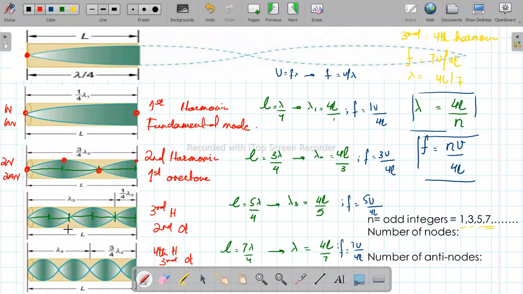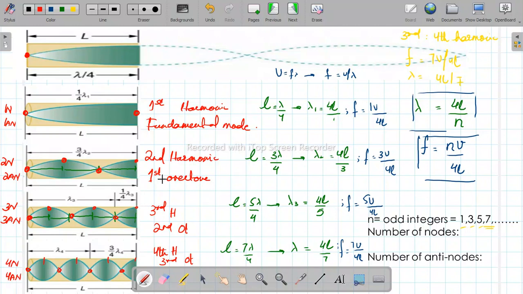nodes. Third harmonic के case में we have one, two, three nodes, and then we have one, two, three anti nodes. In case of fourth harmonic, we have one, two, three, four nodes, and one, two, three, four anti nodes.